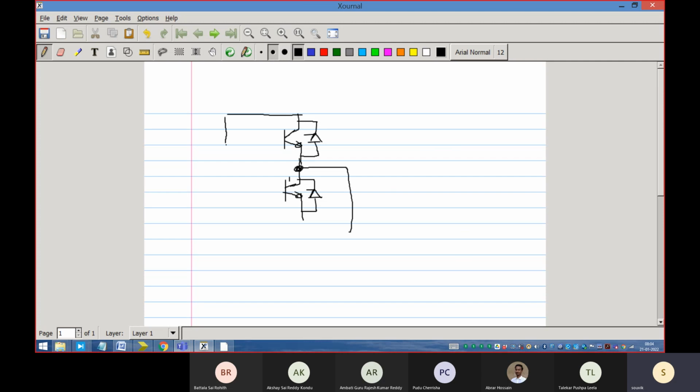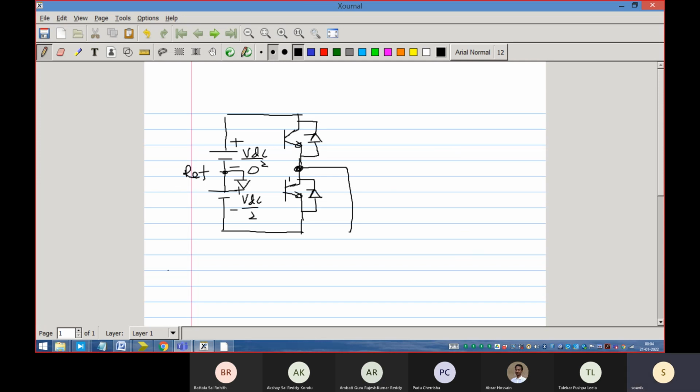This is a supply. Remember that we had split the supply into two parts, one plus VDC by 2 and another minus VDC by 2, and considered the middle point as the reference. This is the reference. We named it as 0. This is plus VDC by 2 and minus VDC by 2.